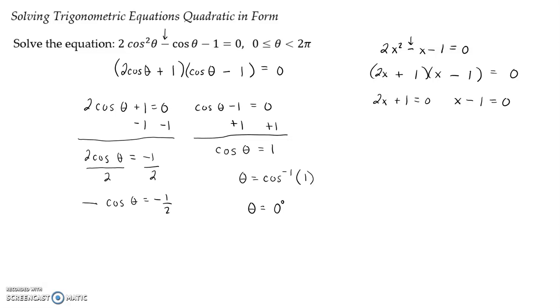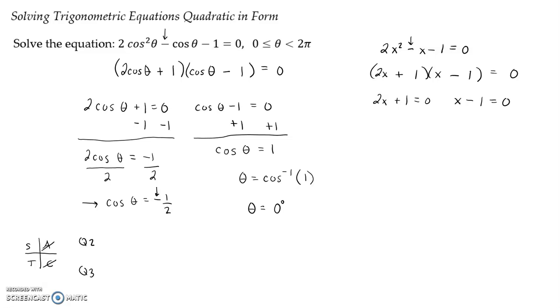Now keep in mind, when you're looking at this piece, your cosine value here is negative, and so when you're looking at your quadrants, your cosine value would be positive in quadrants 1 and 4. So the fact that we have a negative value here means we're going to be looking for 2 answers. One of them should be in quadrant 2, and the other one should be in quadrant 3.